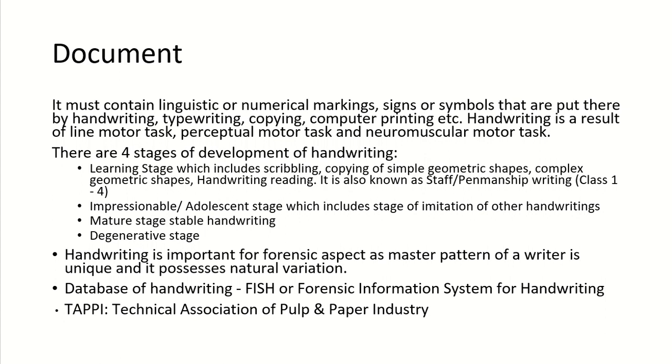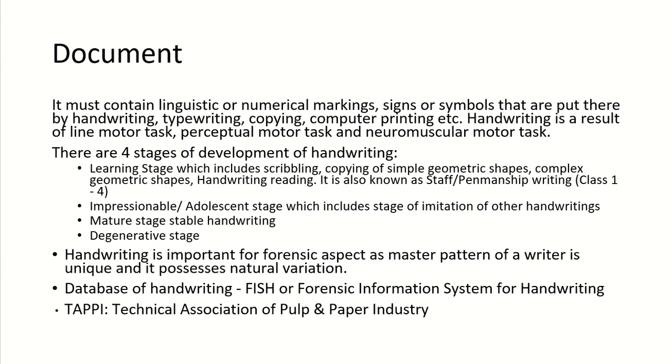We write in the copybook form. Next is impressionable or adolescent stage. In this stage, we start imitating others' handwritings, as in teenage. The next stage is mature stage or stable handwriting of youngsters, you can say. Degenerative stages of old people.